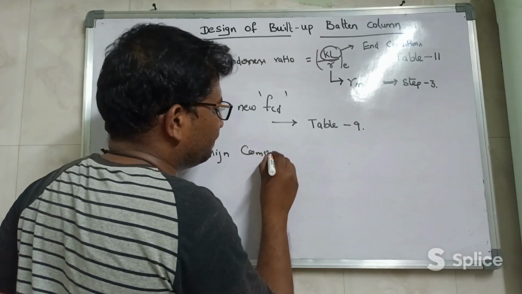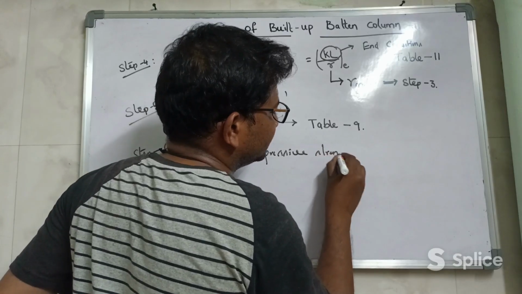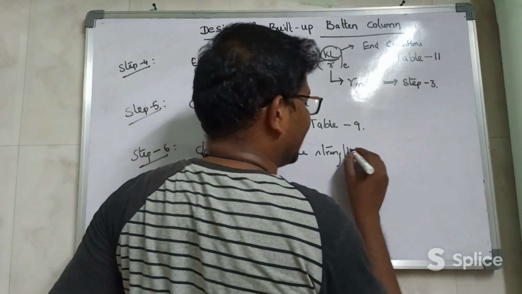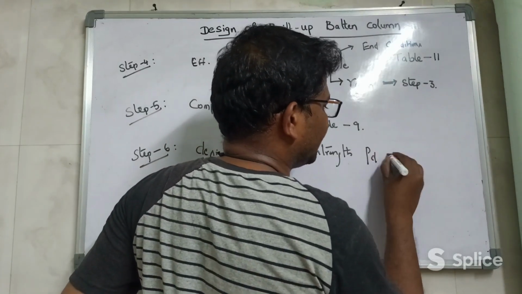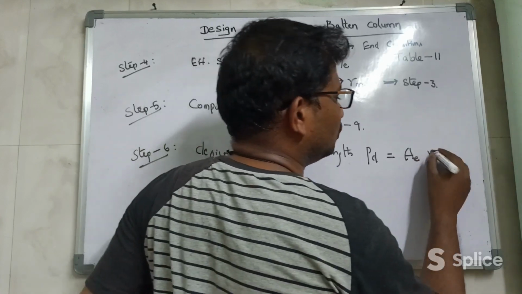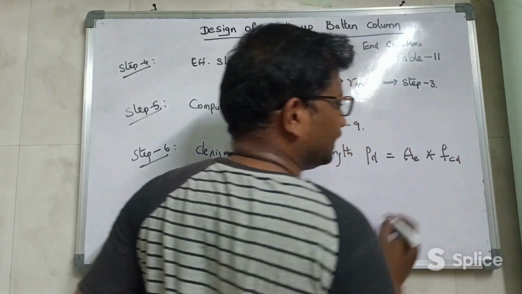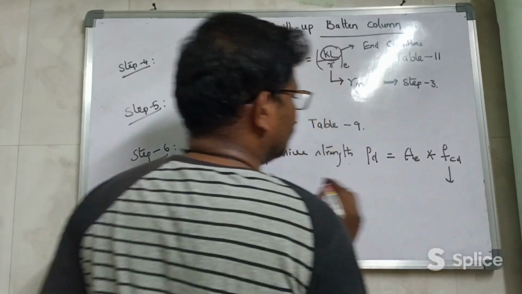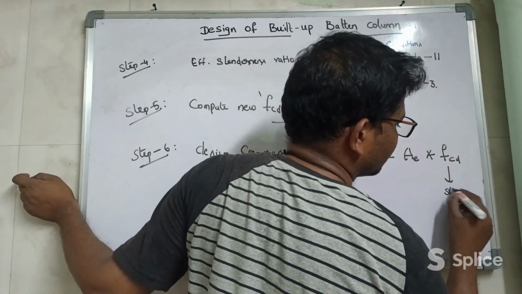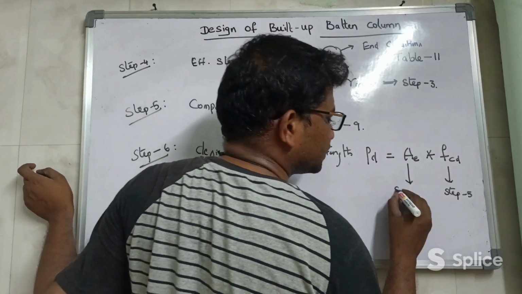Design compressive strength or design compressive capacity, PD, is equal to area into new FCD value. Please be clear, this FCD value we get from step 5. This area value you can get from step number 3.